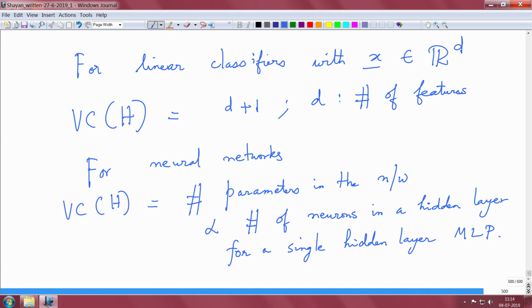If you think about neural networks, I have these nonlinear processing elements in my hidden layer. I also have them in the output layer, but the complexity or the capacity of this learning machine to shatter these points depends upon the number of neurons in the hidden layer.